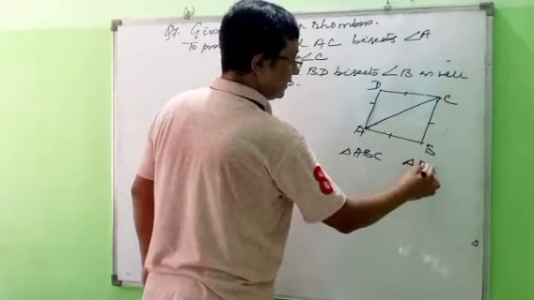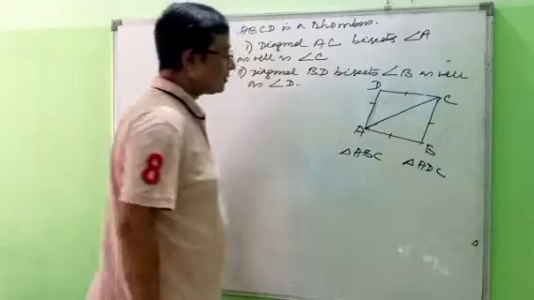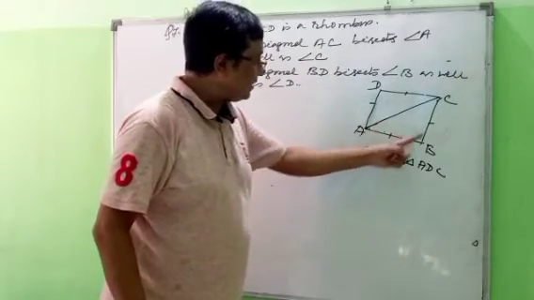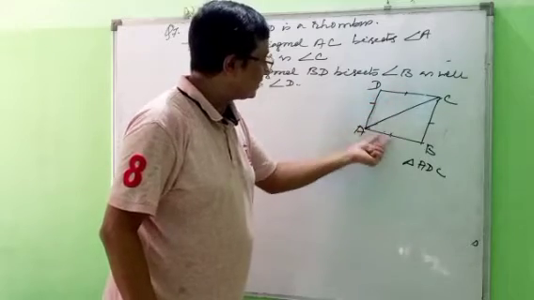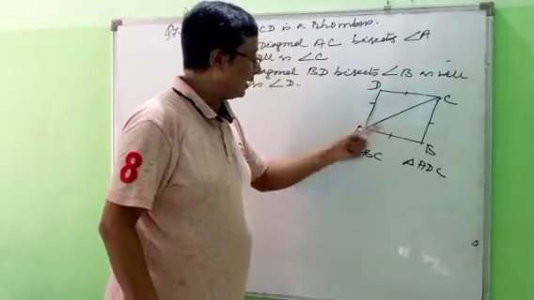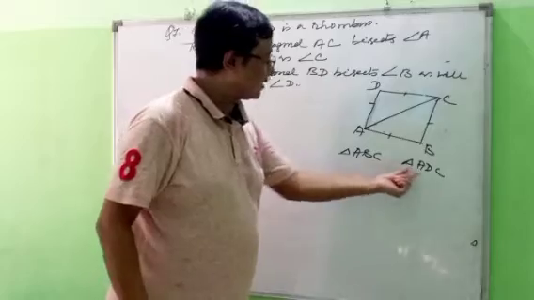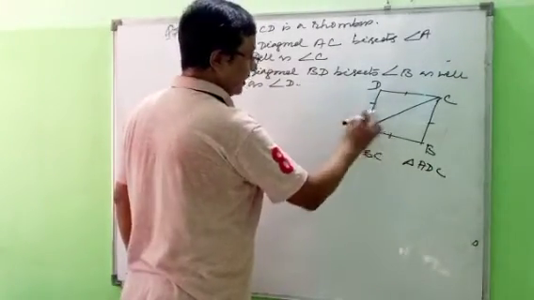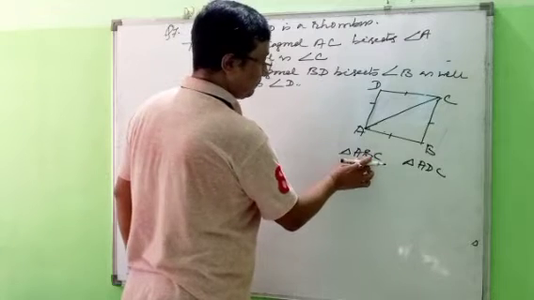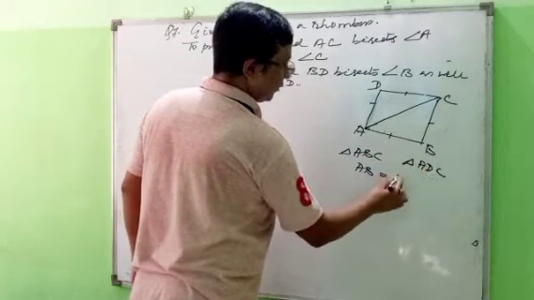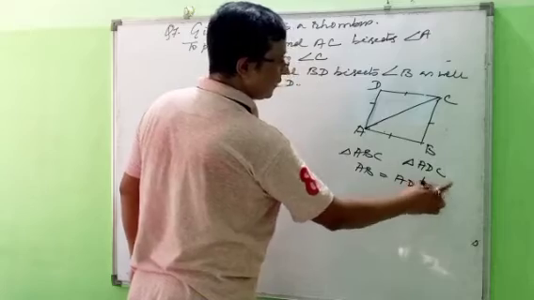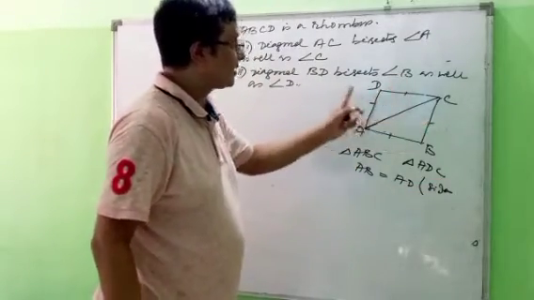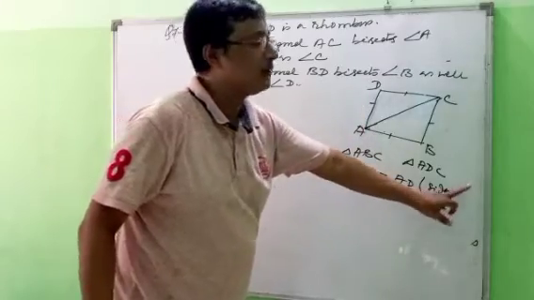In these two triangles, AB equals AD, because they are the sides of a rhombus.